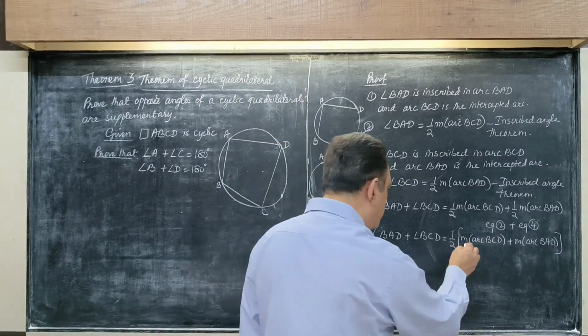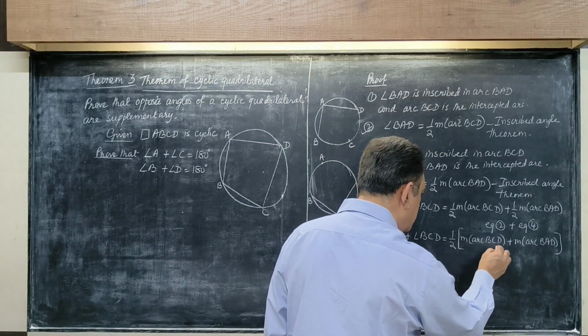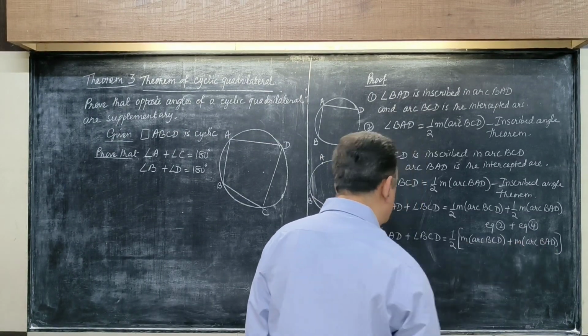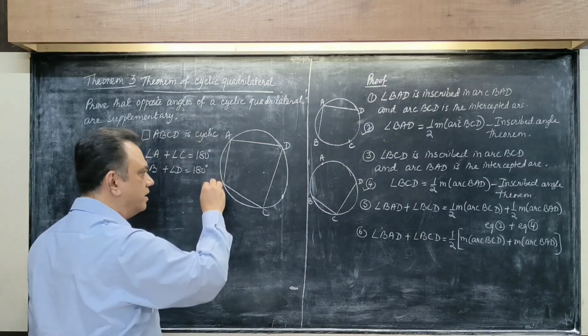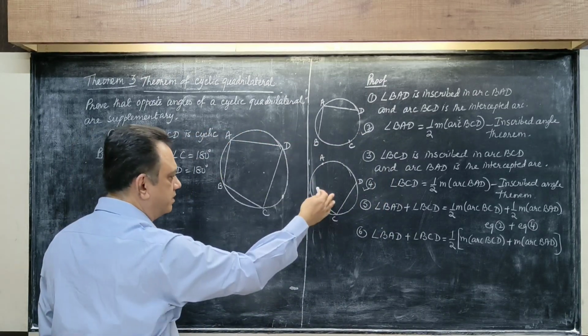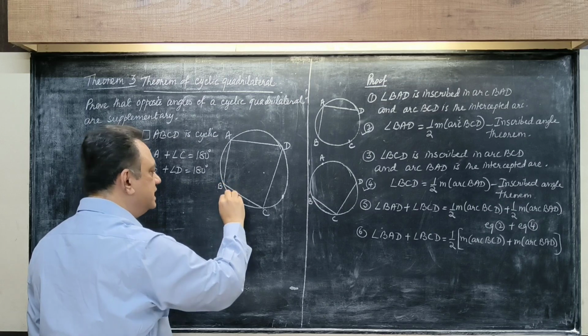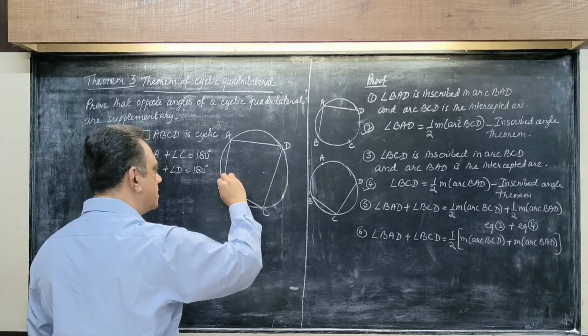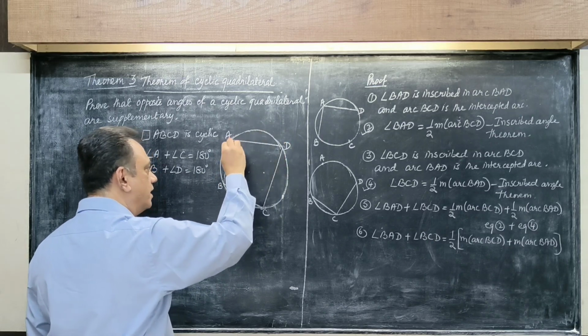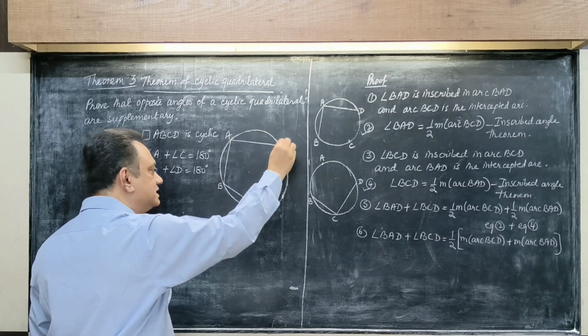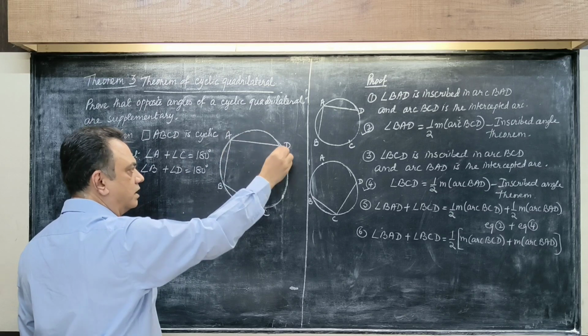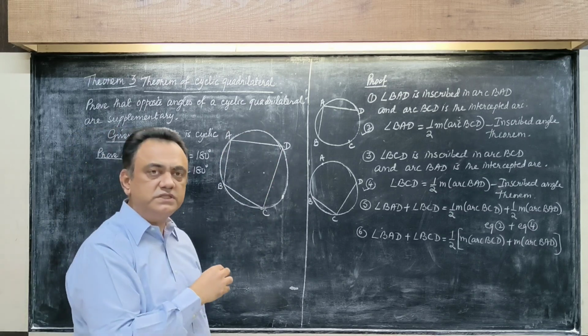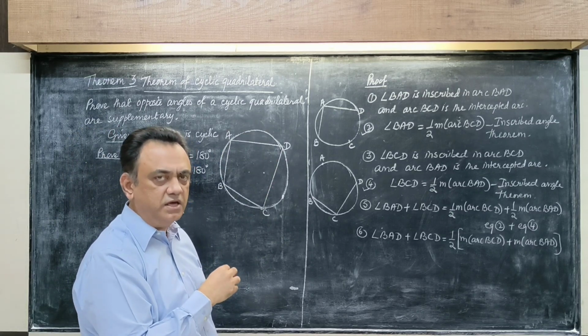Now, if you look at measure arc BCD and measure arc BAD in the main figure or any figure, measure arc BCD here, measure arc BAD here, that makes a complete circle, and the measure of the circle is 360 degrees.